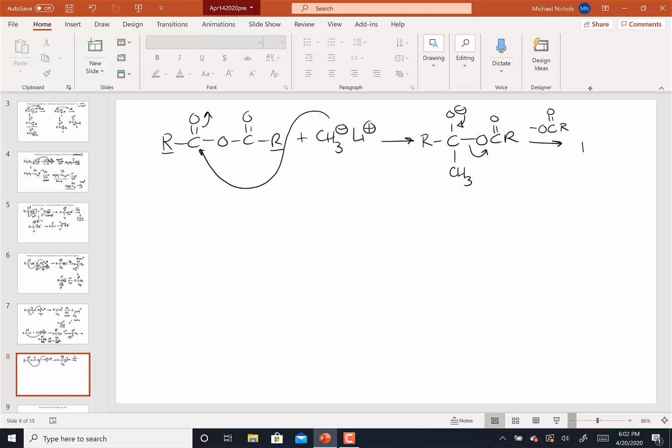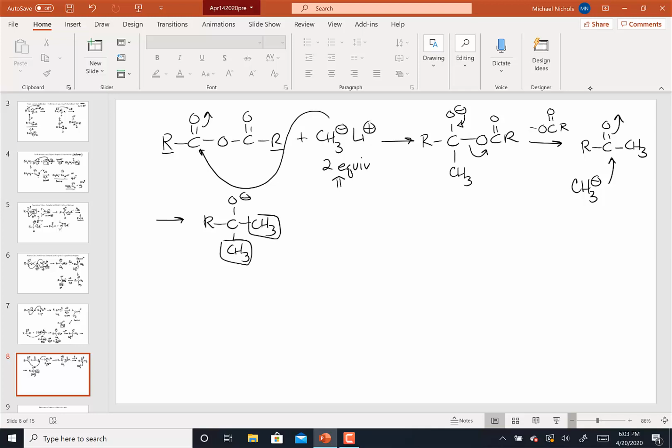And I will now end up with the ketone. So as we said before, whenever you end up with a ketone, we need two equivalents, because now I'm going to have the second equivalent come in and add to the ketone, and that's going to let me produce the tertiary alkoxide with two of the groups the same, coming from the original Grignard.